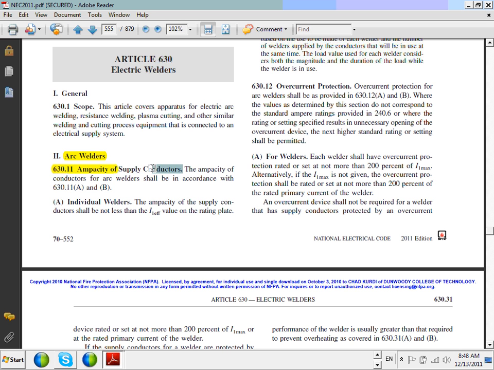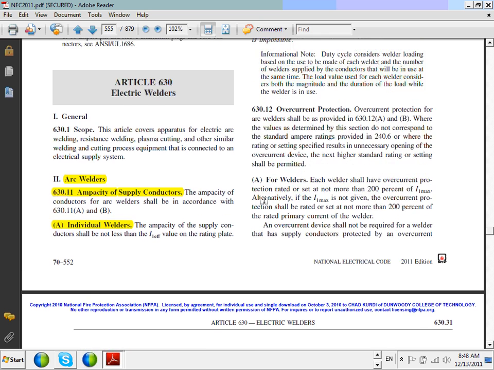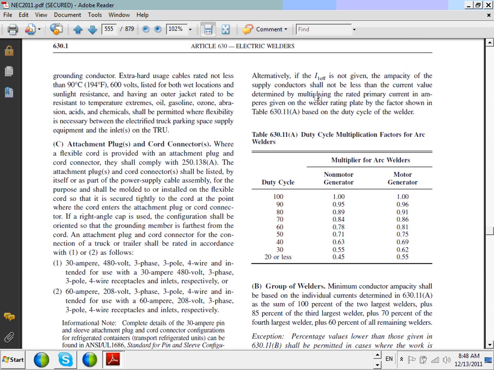I would like you to highlight the ampacity of supply conductors. That's how we're going to be connecting them. I would like you to highlight individual welders, A, and in particular for individual welders, guys, I would like you to highlight the rated amps, multiplied by the rated amps.